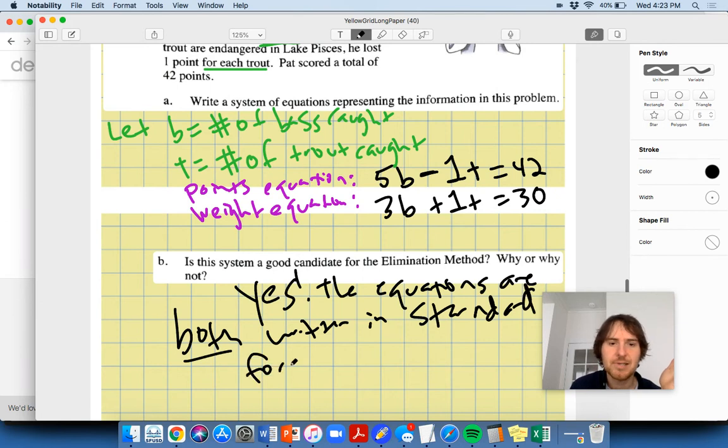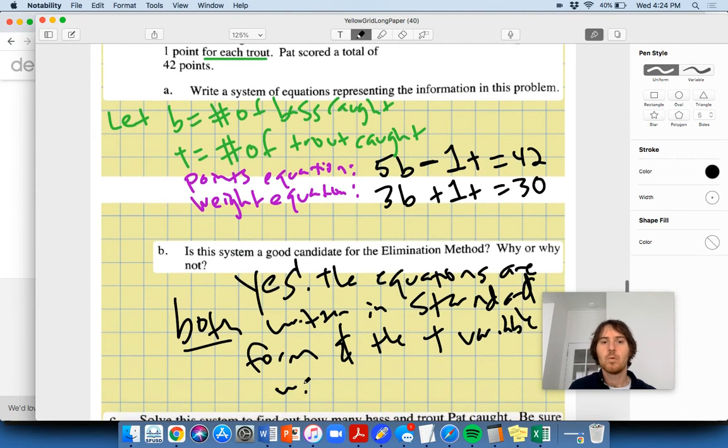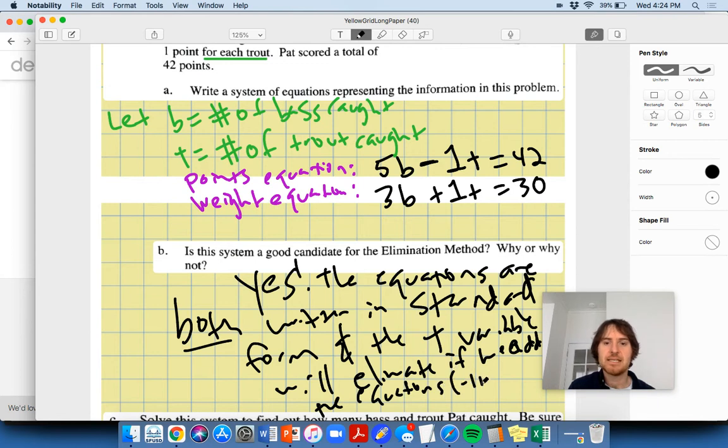Look at this: if I add negative 1t to positive 1t, they cancel out. So in standard form, the t variable will eliminate if we add the equations, because negative 1t plus positive 1t equals 0.